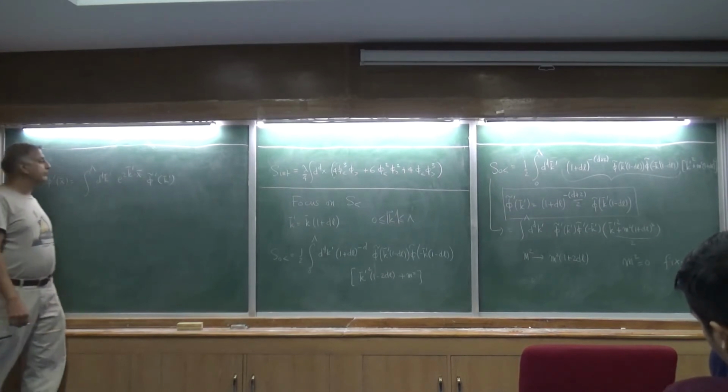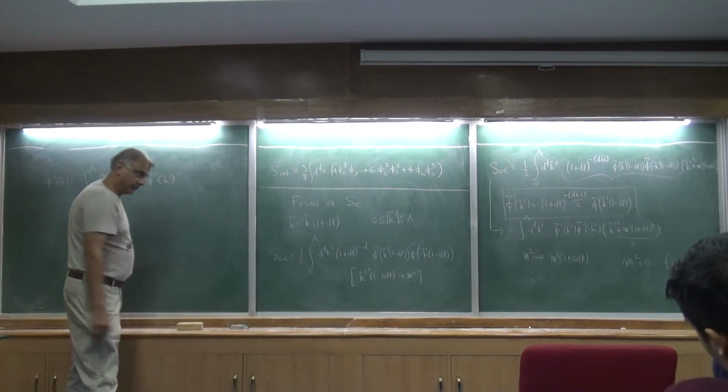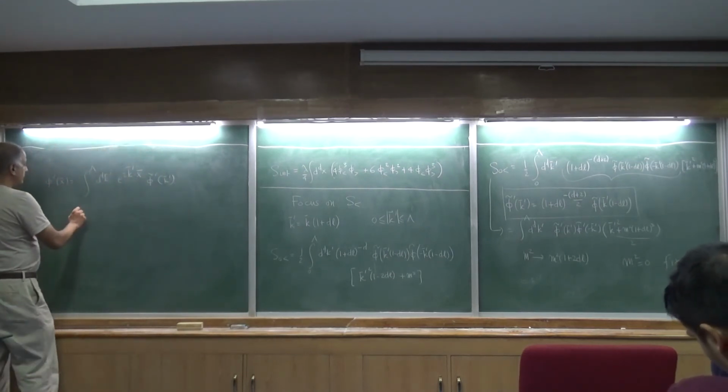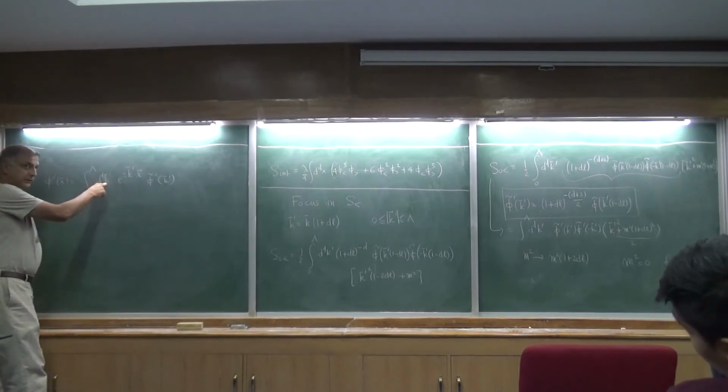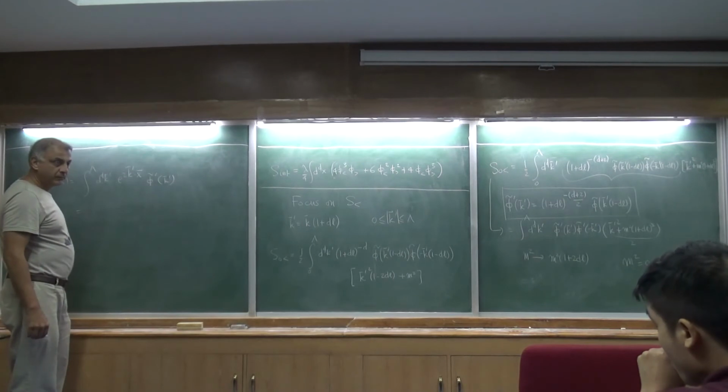All right. So what is it in terms of the original fields? Let's backtrack a little bit and ask ourselves what it looks like in terms of the original fields. So remember, k prime was (1 + dl) times k.